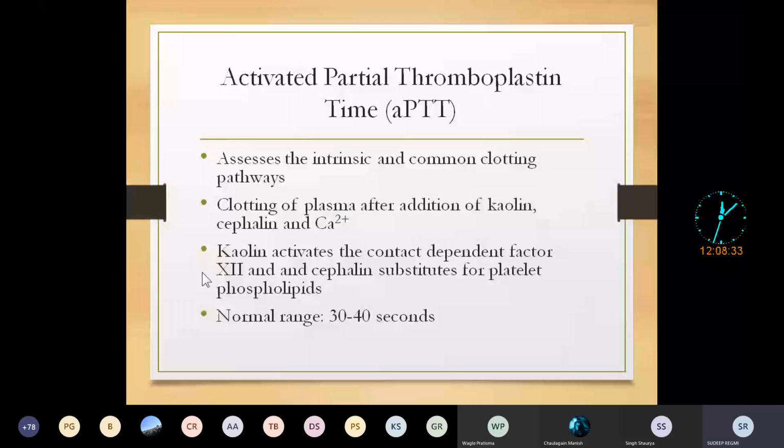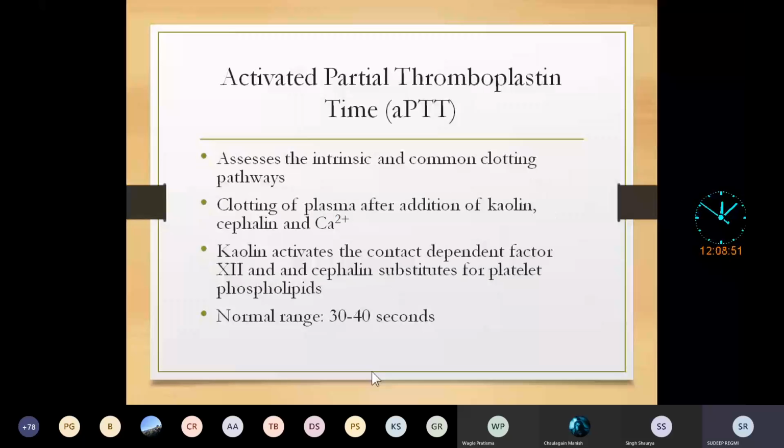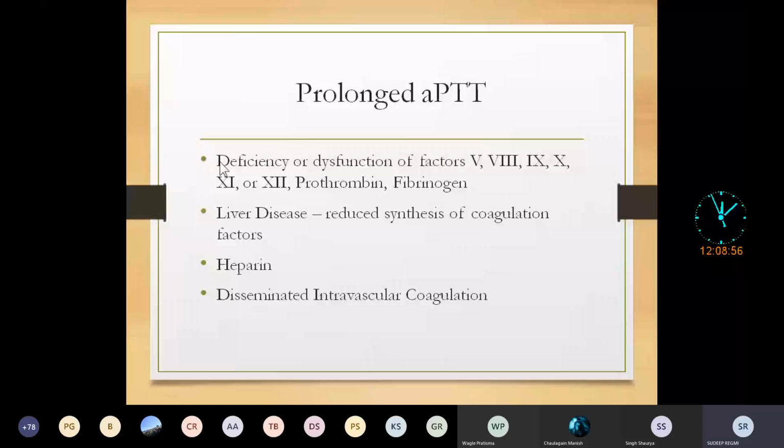So the normal range is 30 to 40 seconds, which is slightly larger, more than that of the PT. PT was 11 to 16 seconds, whereas APTT is 30 to 40 seconds. Now, prolonged APTT can be because of the deficiency or dysfunction of the clotting factors in the intrinsic and the common pathway, like factor 5, factor 8, factor 9, factor 10, 11, 12, prothrombin, or fibrinogen, or liver disease.